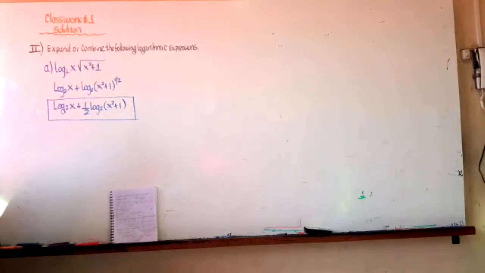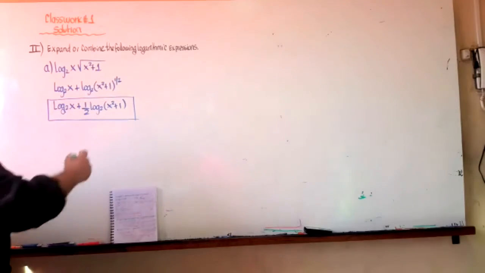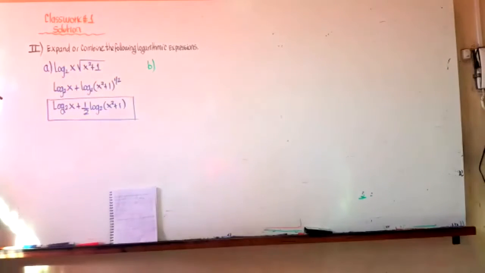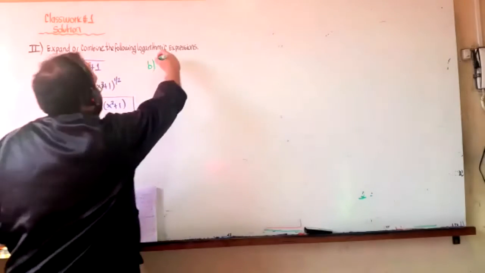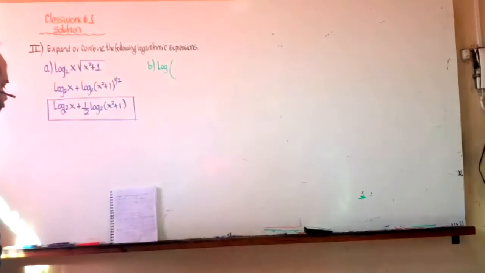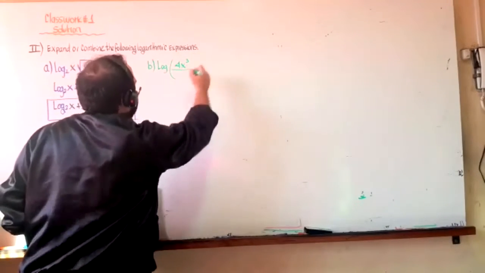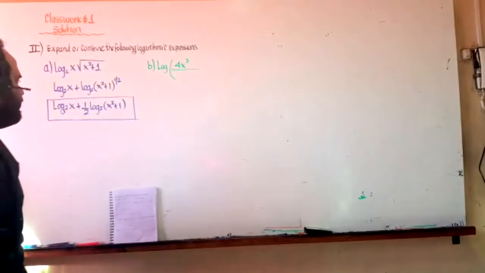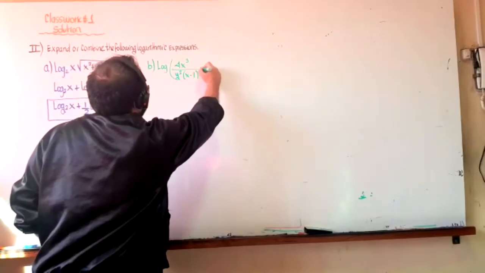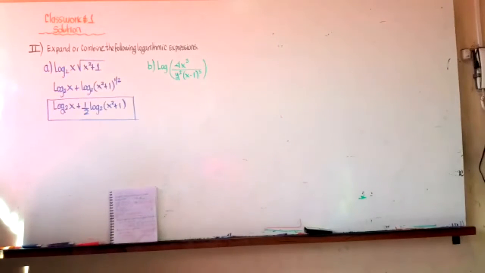Obviously, in this operation, we must expand the expression. Okay, so in the letter B, we got log parentheses 4x cubed over y squared parentheses x minus 1 fifth power. Okay, we have a division.